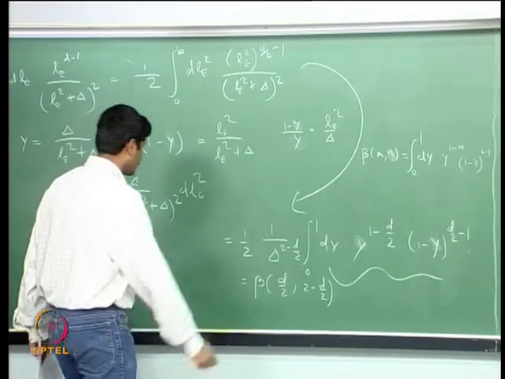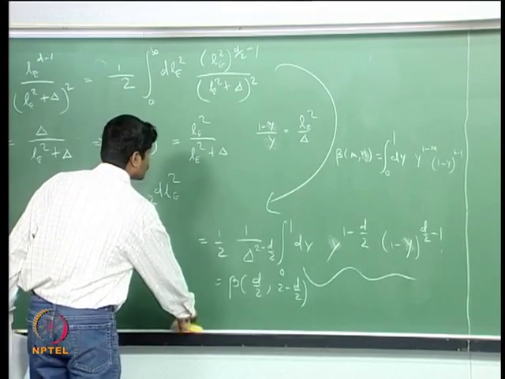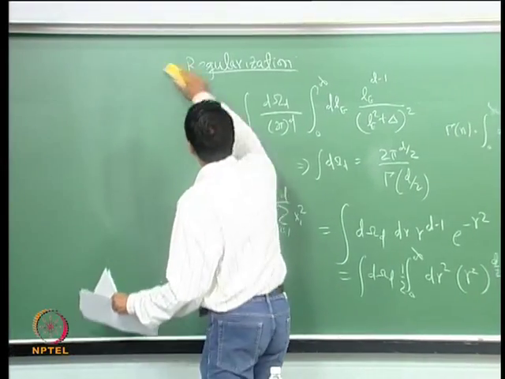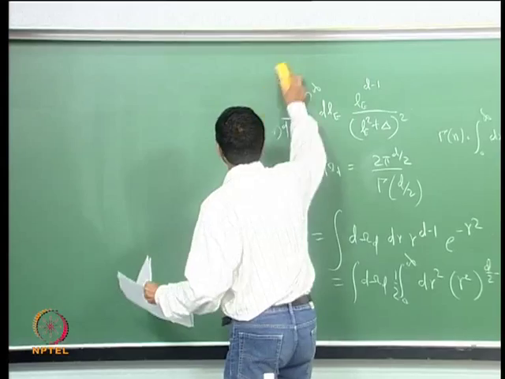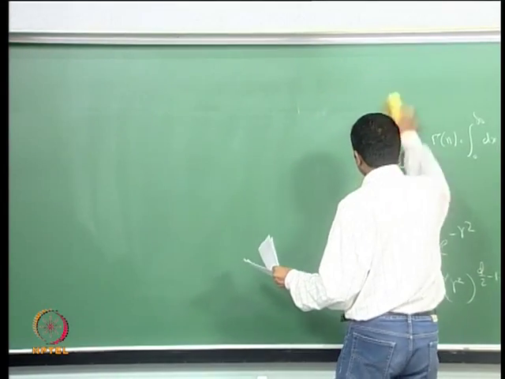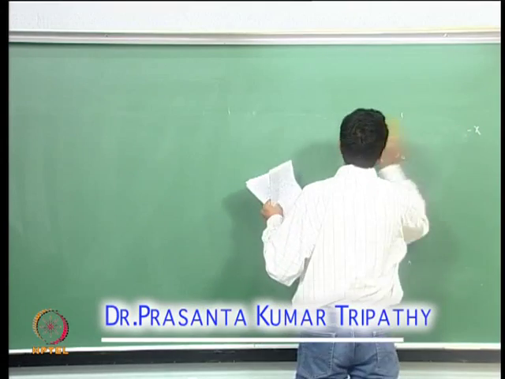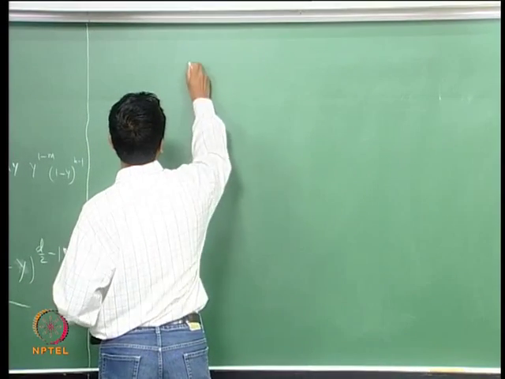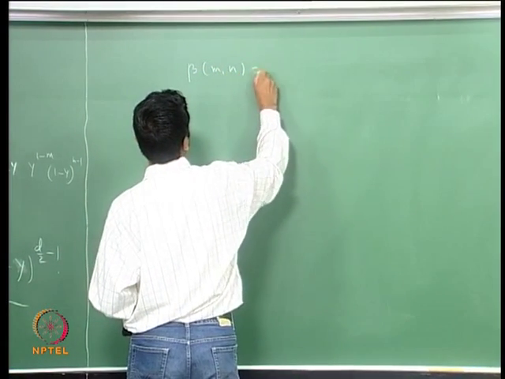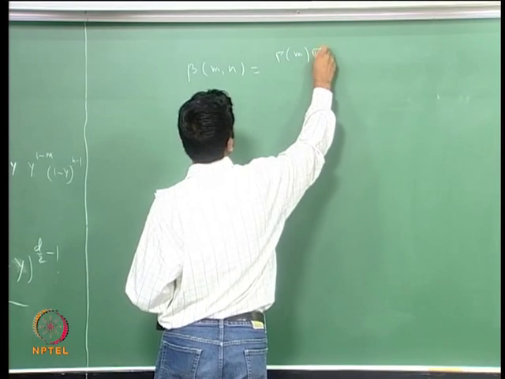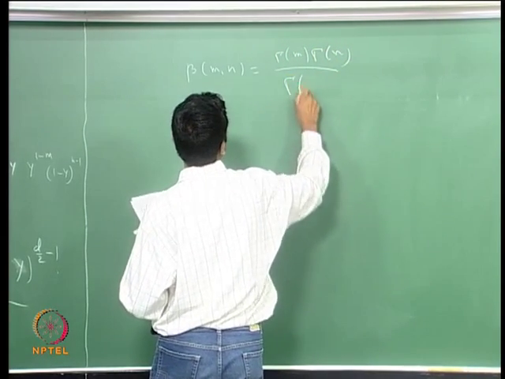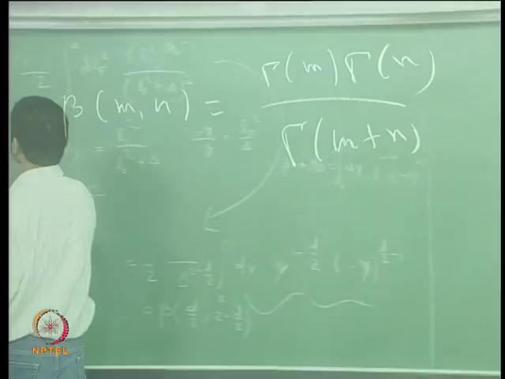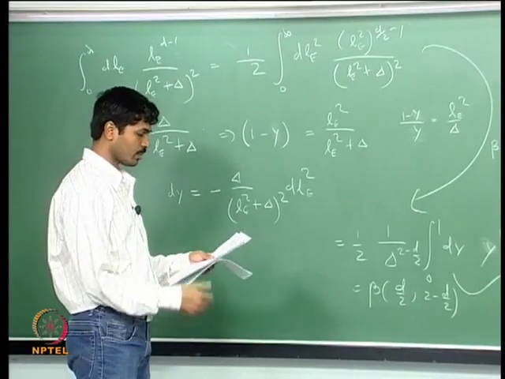Finally, you can use the identity which is beta m n is equal to gamma m gamma n divided by gamma m plus n, and you can express this integration here in terms of the gamma functions.